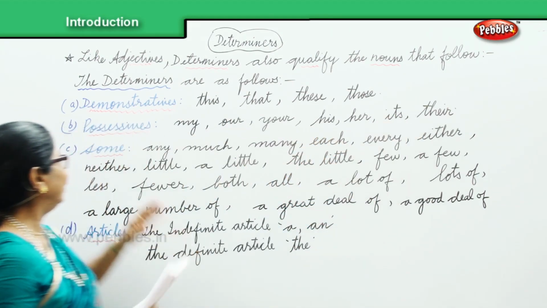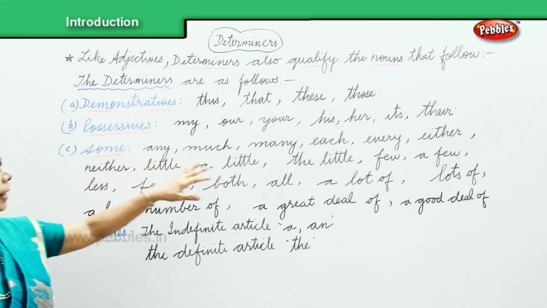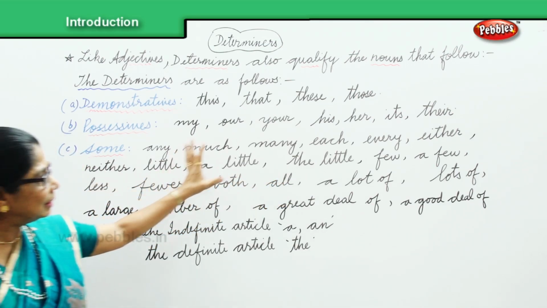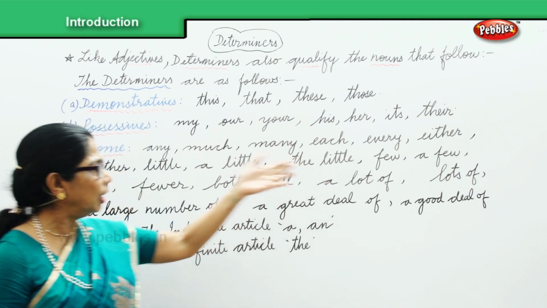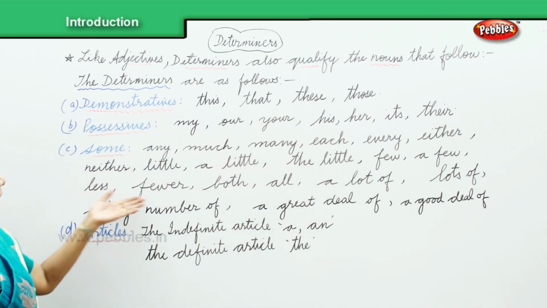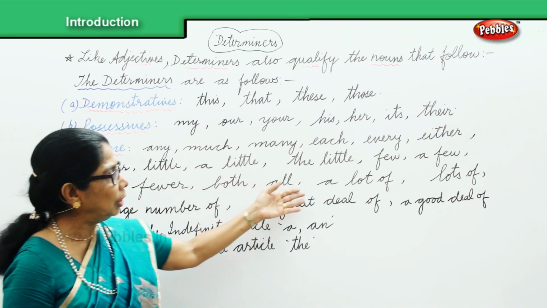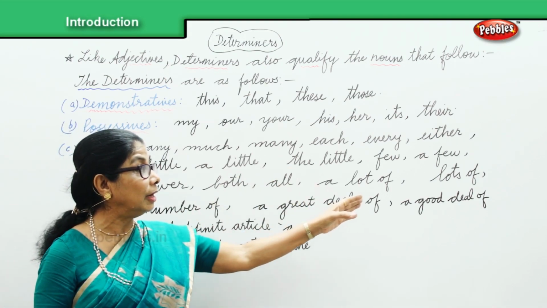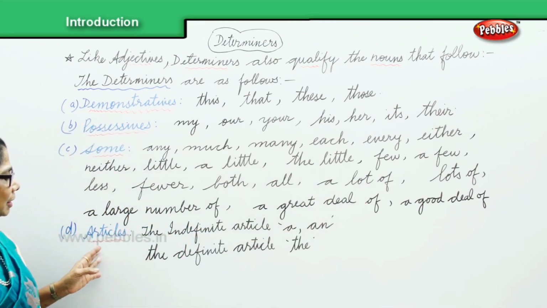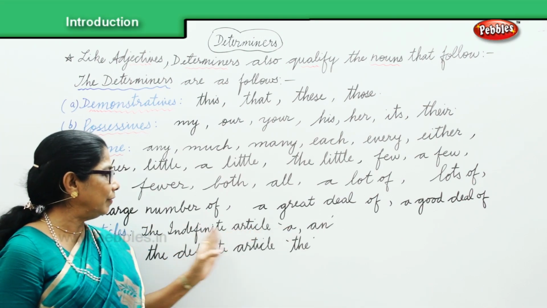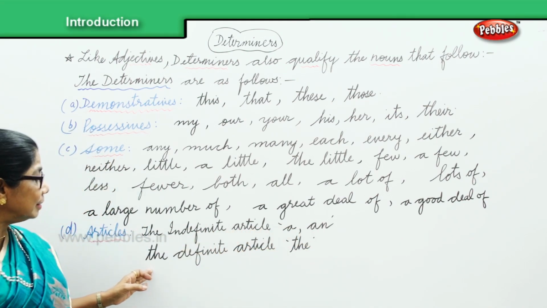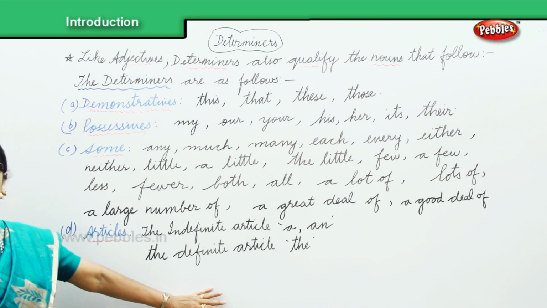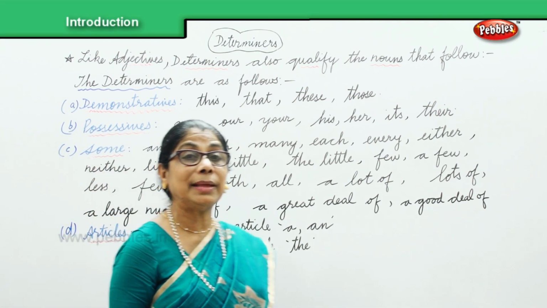Then we have some, any, much, many, each, every, either, neither, little, the little, few, a few, less, fewer, both, all, a lot of, lots of. Then a large number of, a great deal of, a good deal of. Then in articles we have the indefinite articles a and an, and the definite article the. So all these are determiners, and now we're going to see how we use them in sentences.